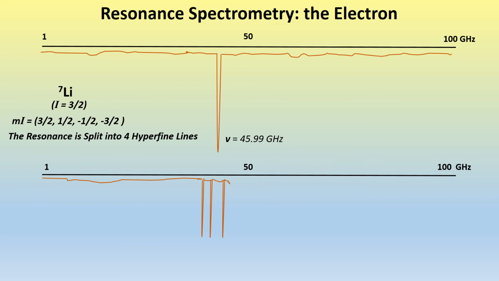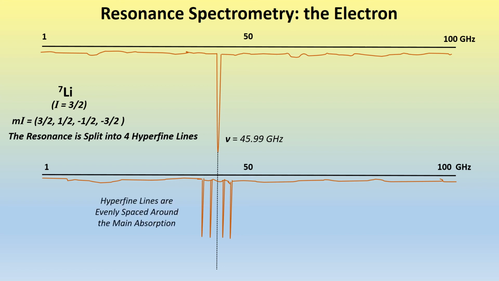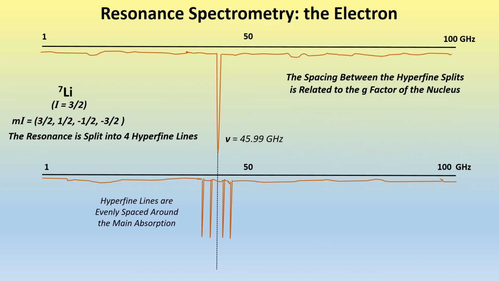The spacing between the hyperfine lines is related to the magnetic moment of the nucleus. This is calculated in exactly the same way as the magnetic moment of the electron or any other particle. The difference being we use the G factor for lithium-7, 2.17098, and as a nucleus is much larger than an electron, its field is actually smaller, with a nuclear magneton of 9.66 times 10 to the minus 27th ampere meter squared.